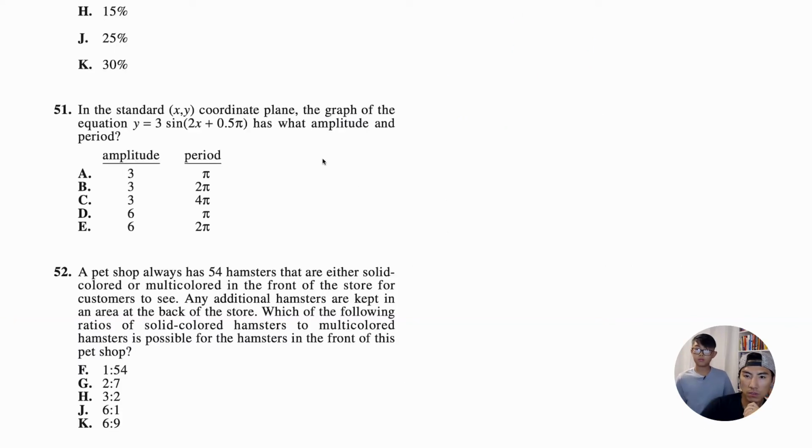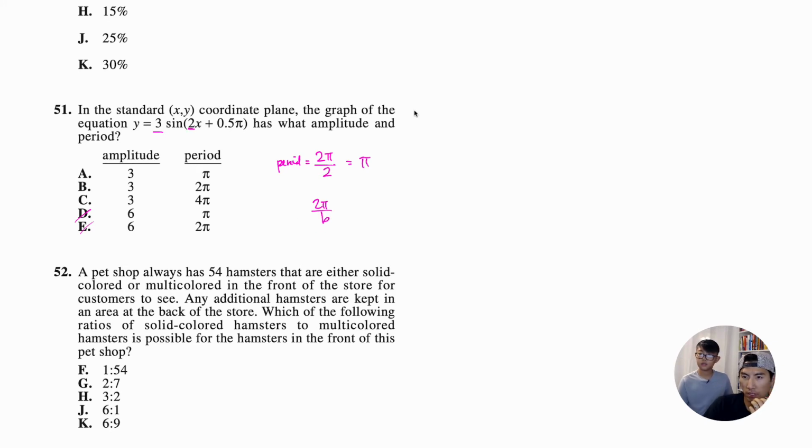What is the amplitude and period? Amplitude is going to be 3. Period is 2 pi divided by that number. That's how you find your period. It's 2 pi divided by b, and that's your b term, right?